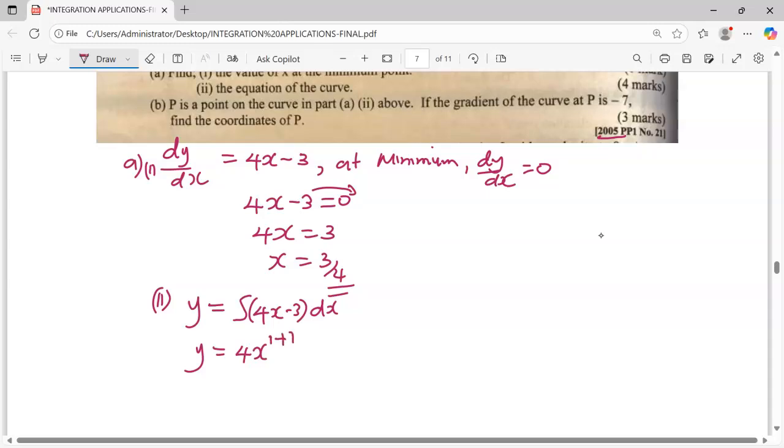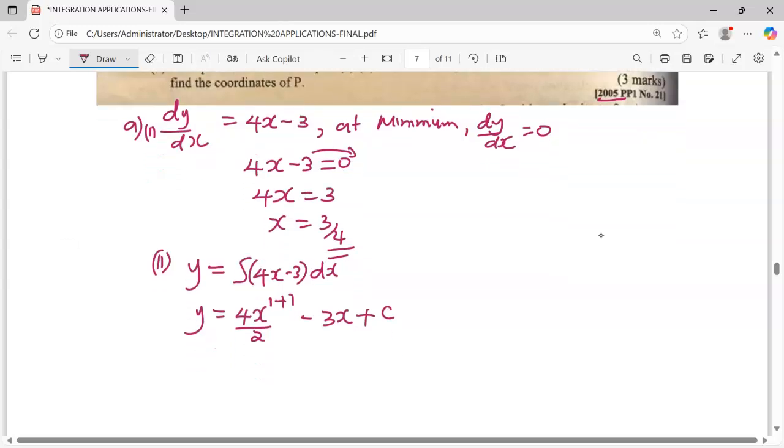We add 1 to the power, then divide by the new power, which is 2. Then minus 3, we introduce x, then a constant of integration. 2 goes into 4 two times. That means y will be equal to 2x squared minus 3x plus c.